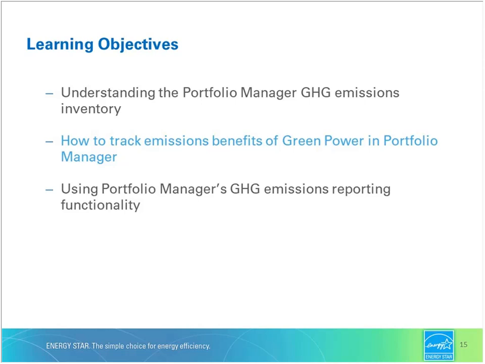The methodology used by Portfolio Manager to account for the impact of green power on your emissions inventory depends on whether the green power is generated on-site or off-site, and also whether the renewable energy certificates, or RECs, associated with that green power have been retained.